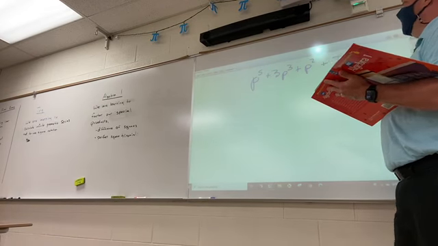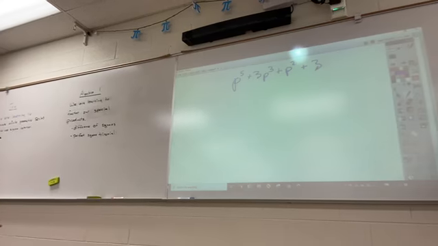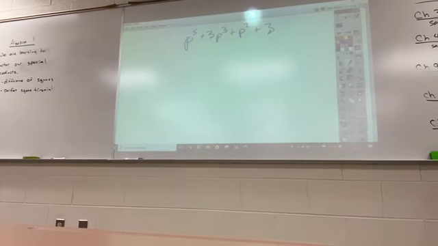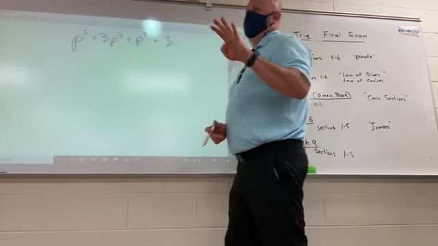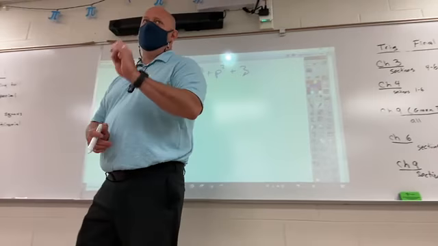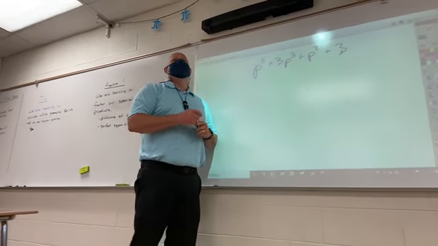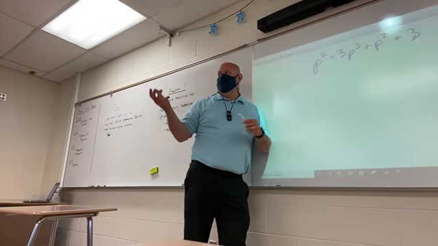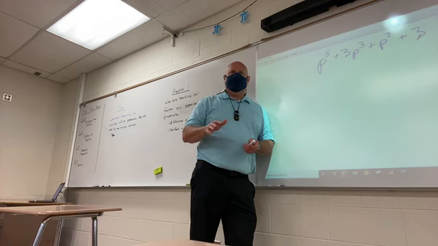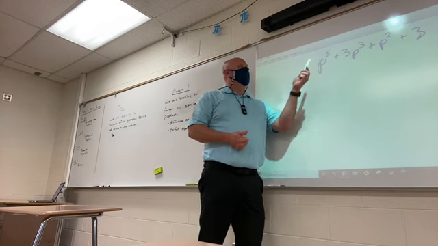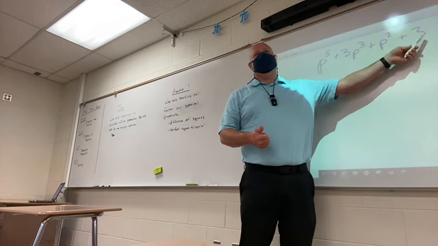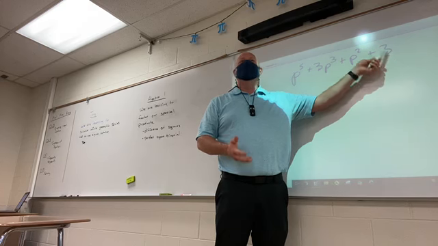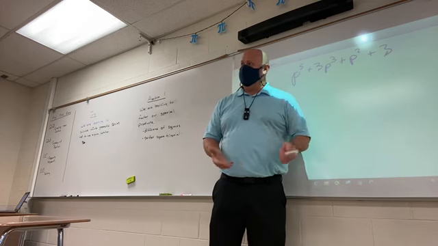Squared 3. I lied to you. Just because you see 4 terms, that doesn't necessarily mean you should be thinking grouping right away. No matter what, what's the first thing you should look for every time? GCF. Is there something all 4 of those terms have in common? No.